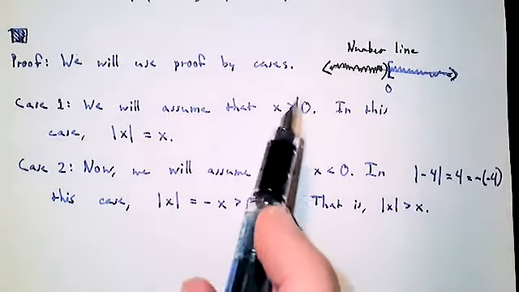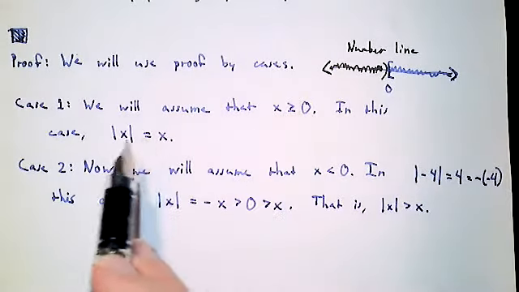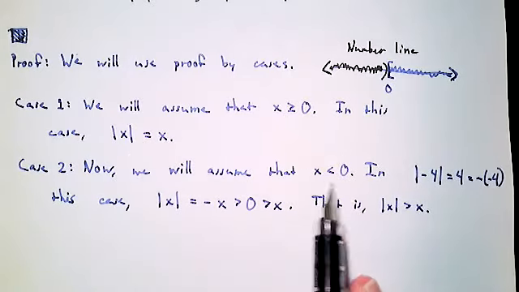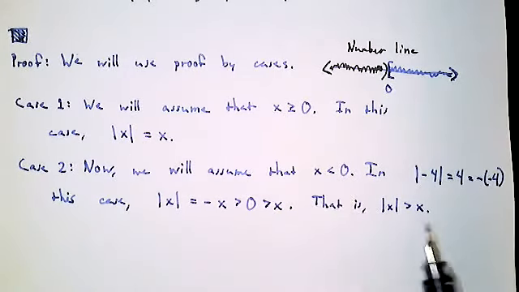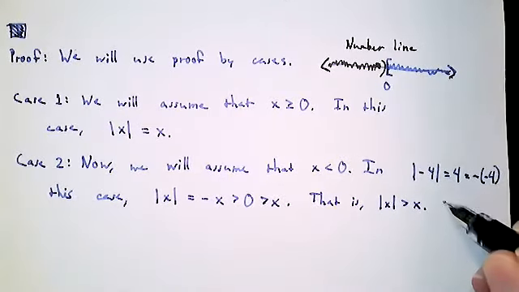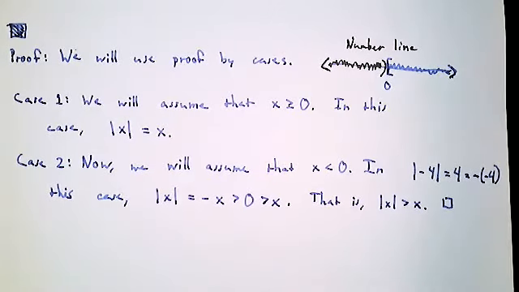So if we start with a number greater than or equal to 0, we end up with something equal to its absolute value. If we start out with something less than 0, then we have something that's less than its absolute value. So that completes the proof, since we've done both cases.